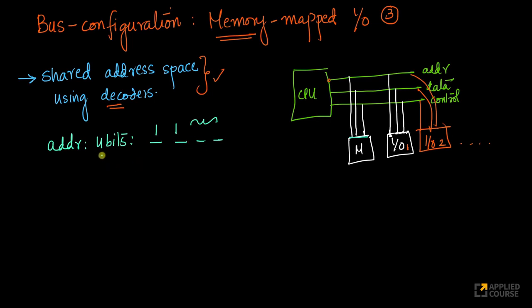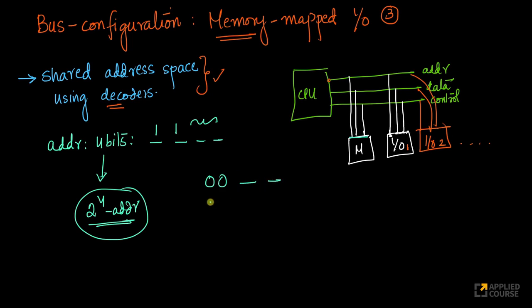So what am I doing? If my address is 4 bits, what is the total addressable space? 2 power 4 addresses. But instead of having all 2 power 4 addresses in the main memory itself, I'll say 00 dash dash, 10 dash dash, 00 dash dash, 11 dash dash. In these dashes, you can fill either zeros or ones.